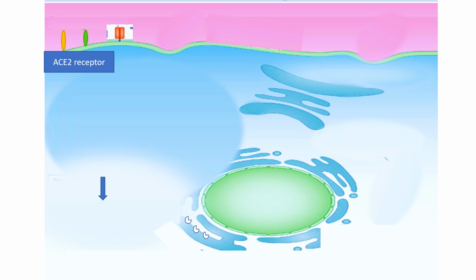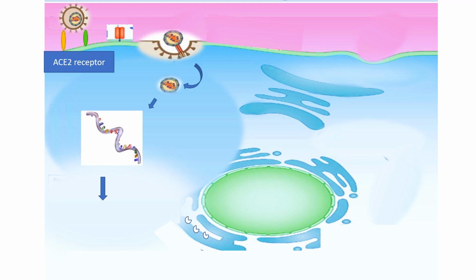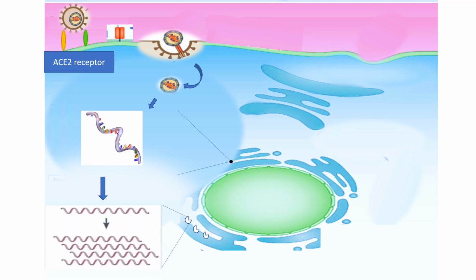Let's briefly understand how the replication cycle of these viruses occurs. First the virus attaches to the ACE2 receptor present on the cell surface, and then it gets internalized by the cell and releases its genetic material, that is the RNA. This RNA undergoes replication and a number of copies are generated.